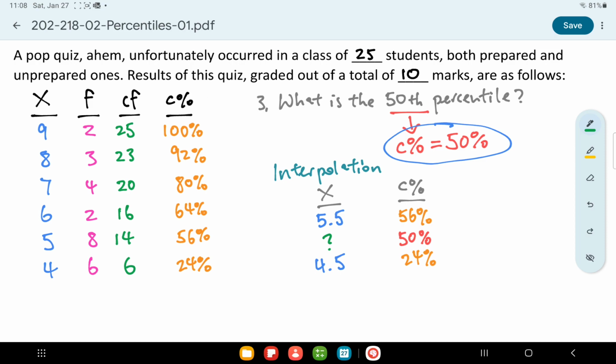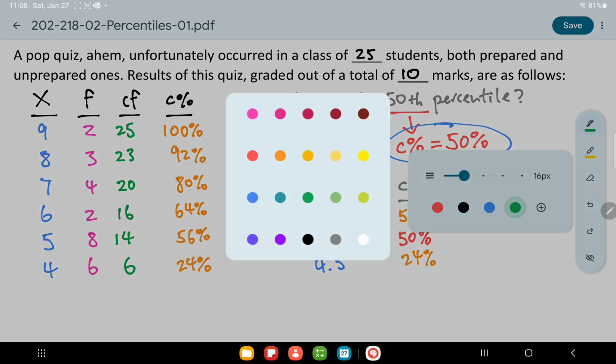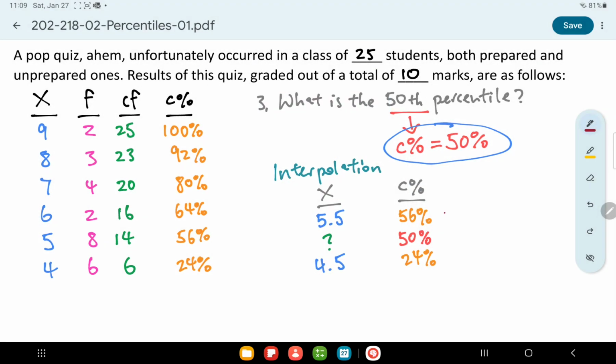Now, to figure this out, think with me for a moment. Somewhere between 56% and 24%, and we actually have sufficient information to figure out exactly where. Here is how. Make an assumption that you can determine the relative units in between 56% and 50%, as well as between 50% and 24%.